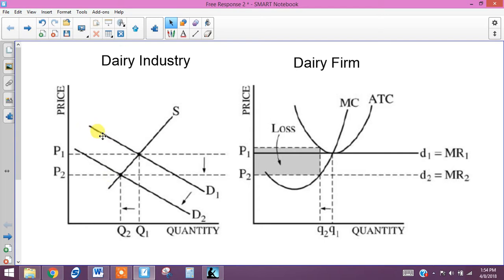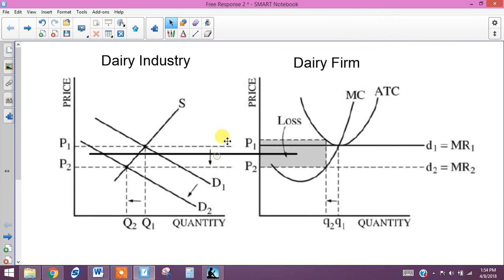So you just want to draw a very basic supply and demand, and then extend the price over to your firm right here. It needs to be on the same level.